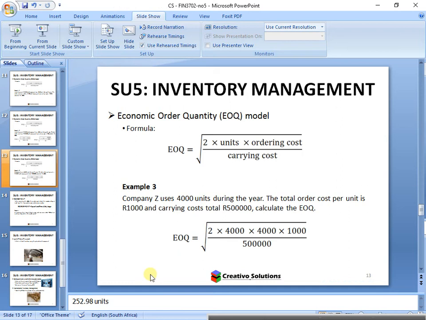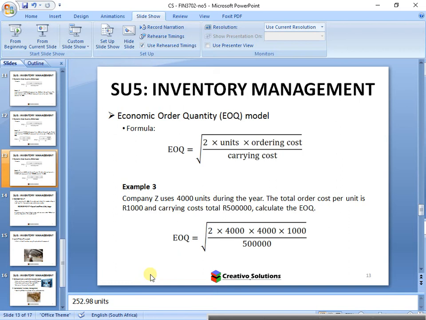Yeah, 252. So the total order cost per unit was that 1,000 Rand a unit, and the carrying costs 500,000.